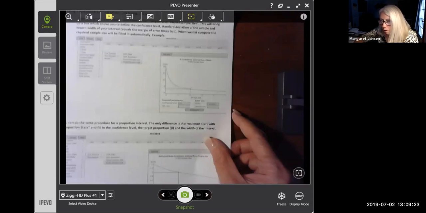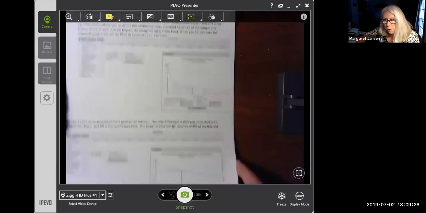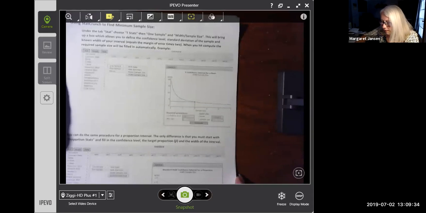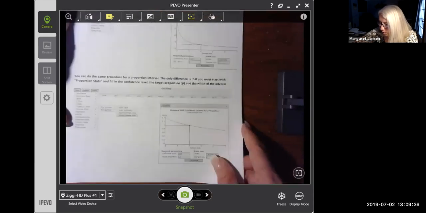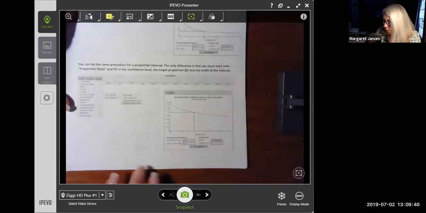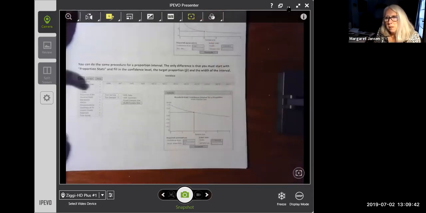Now, I have this handout that I'm showing you. It deals with both estimates when you're dealing with means and with proportions. But in fact, you're usually doing this with proportions. So let me show you how to do that by going to StatCrunch.